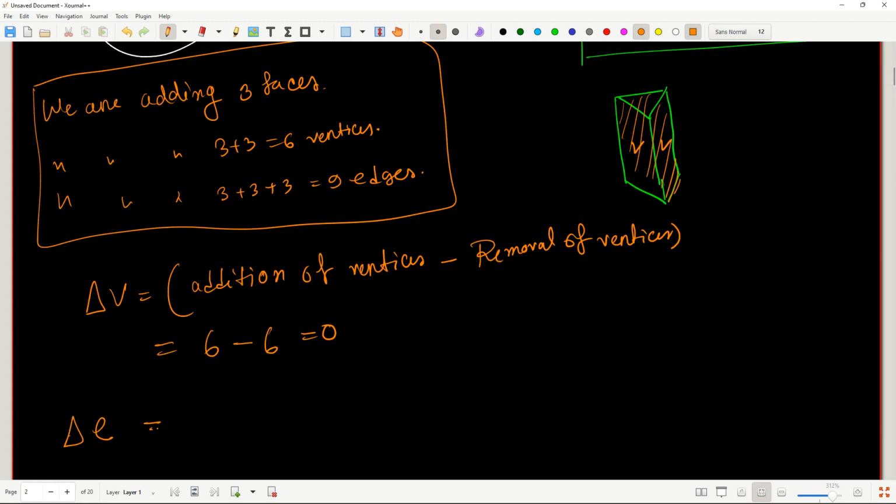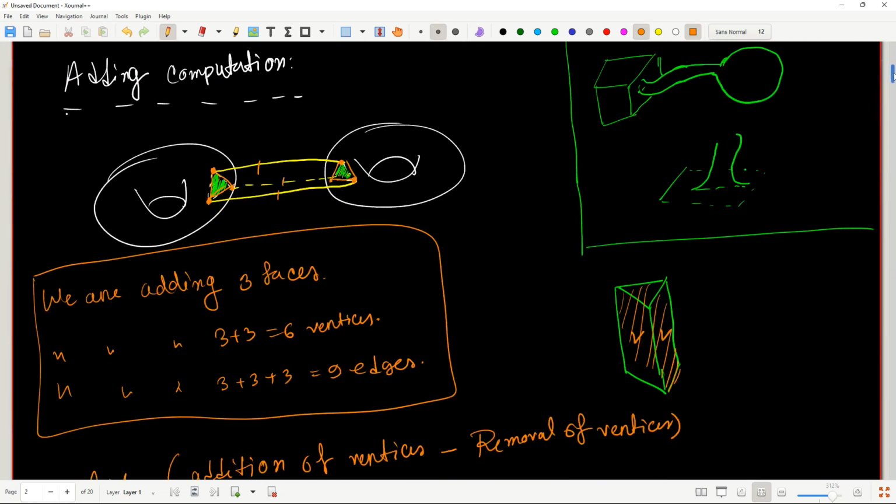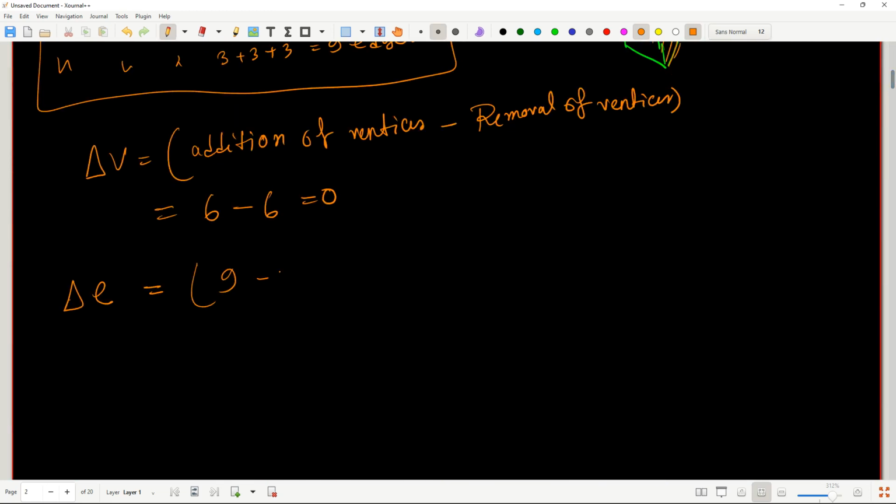Similarly, the difference between the edges is addition of the edges minus the removal of the edges. So you are adding 9 edges and you are removing how many edges over here? I think it was 6. Yes, you are removing 6 edges. So 9 minus 6 is just 3. Finally, the faces.